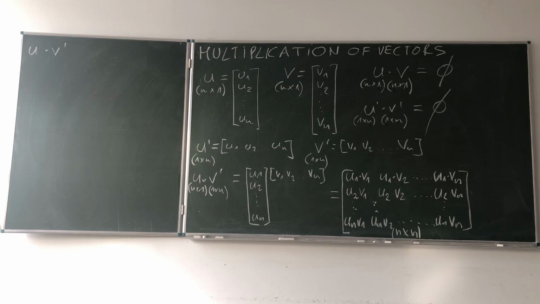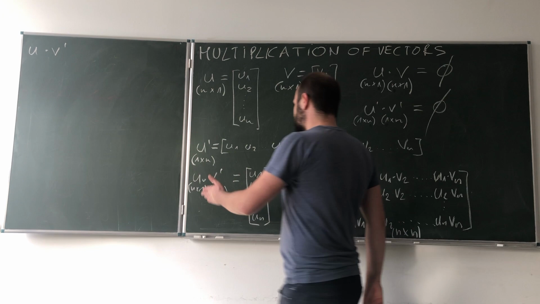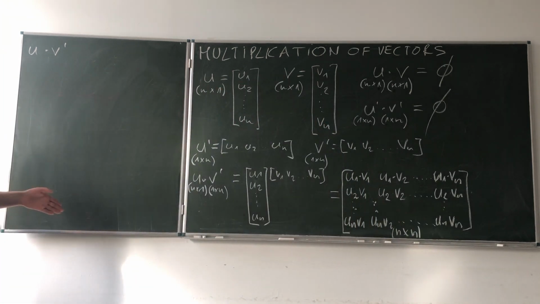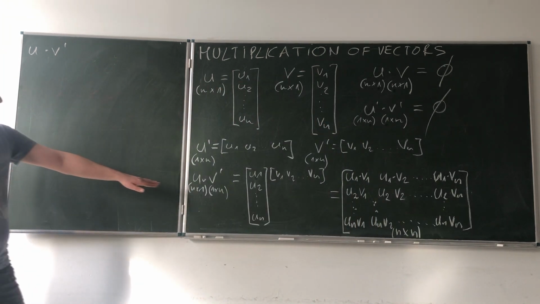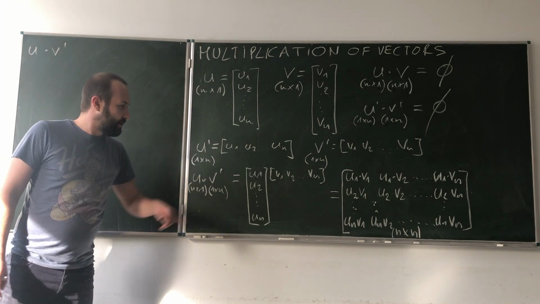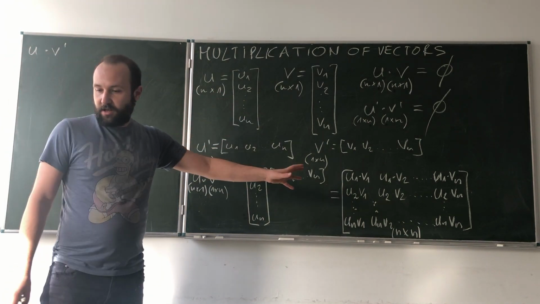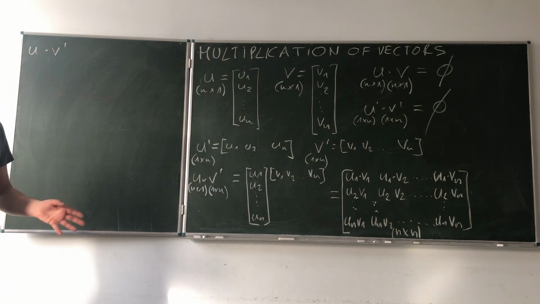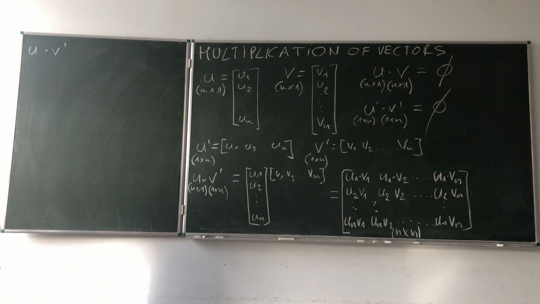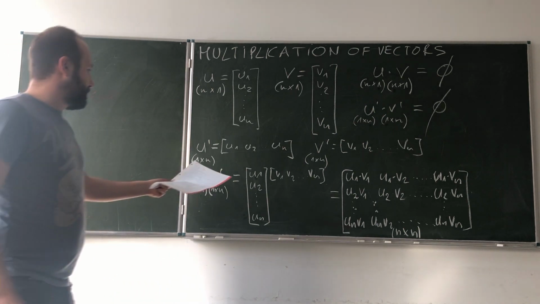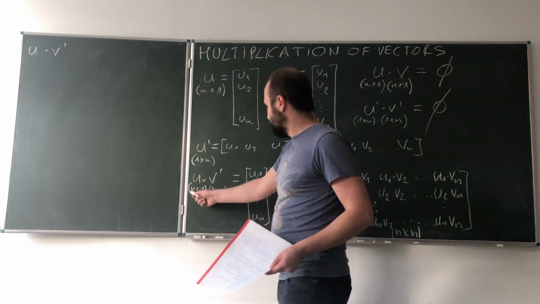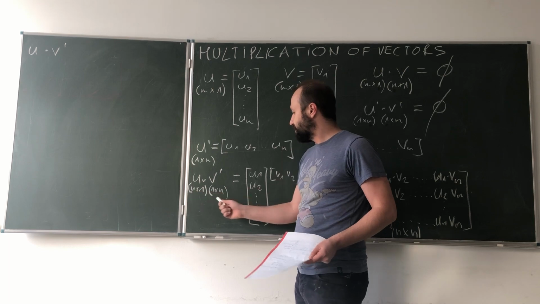Okay, so we see that if we're gonna take a column vector u and we're gonna multiply it by a row vector v, we're gonna get a matrix of all possible products. Okay, but of course, those two dimensions don't need to be the same.